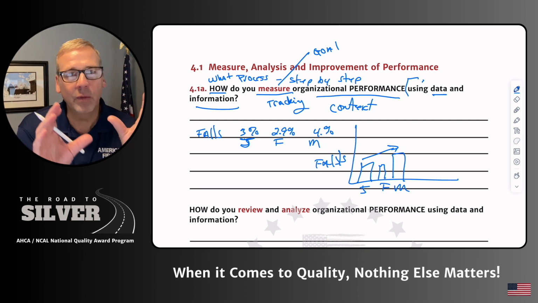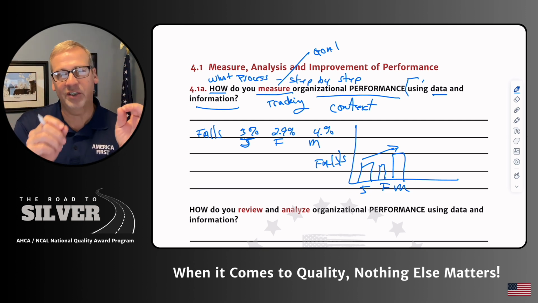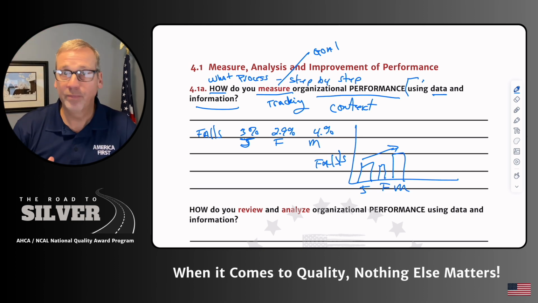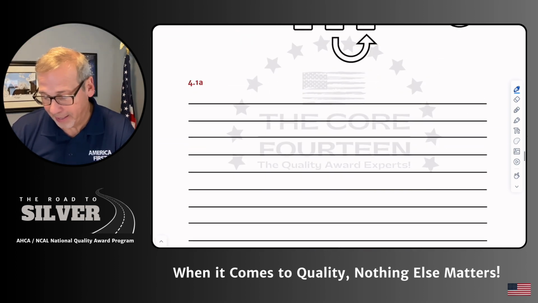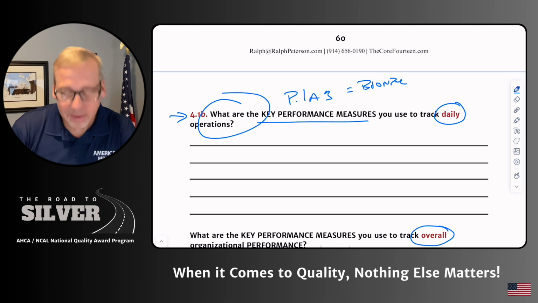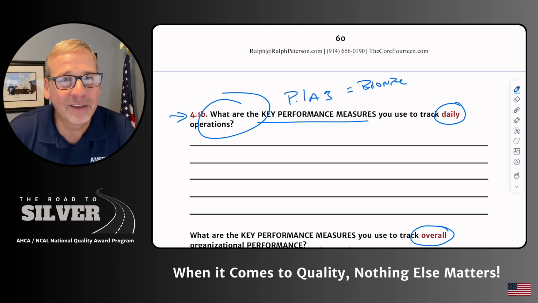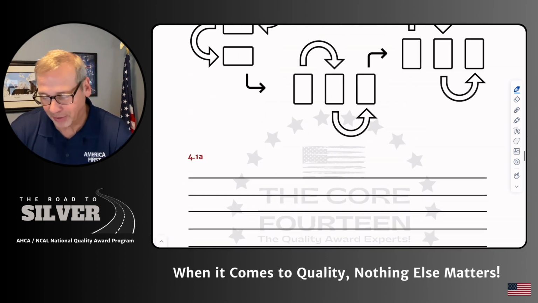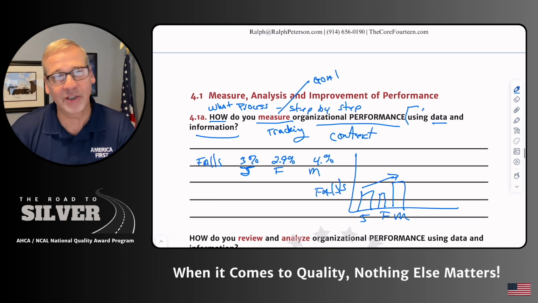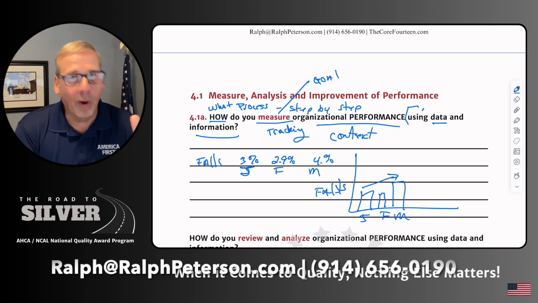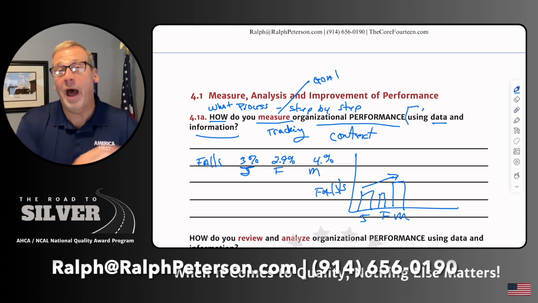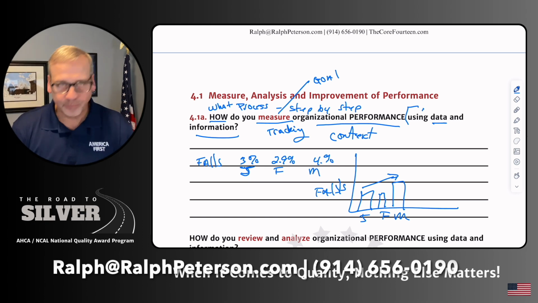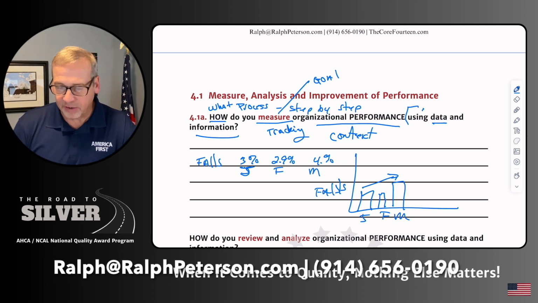So not only would you first, most organizations first, decide, way down here, what are you going to measure? Like, what's important for you? What's relevant for you to measure? So first, deciding what you're going to measure. And then what's the process you're going to use? How are you going to track this data so that you can use this data and information?